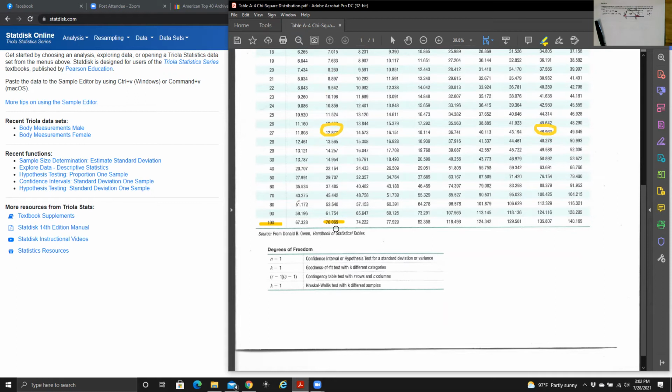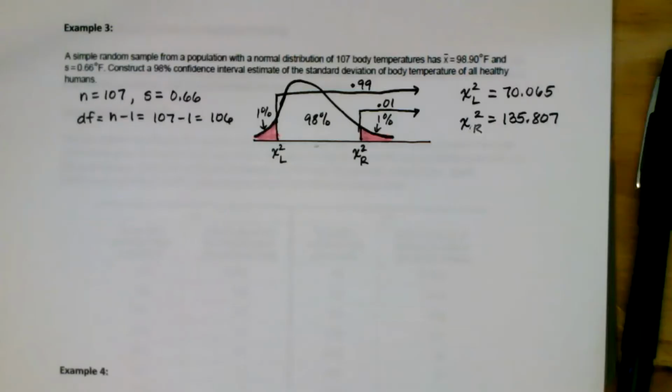critical value for chi-square on the left. 70.065. And then this will be the chi-square value on the right, which in this case is 135.807.